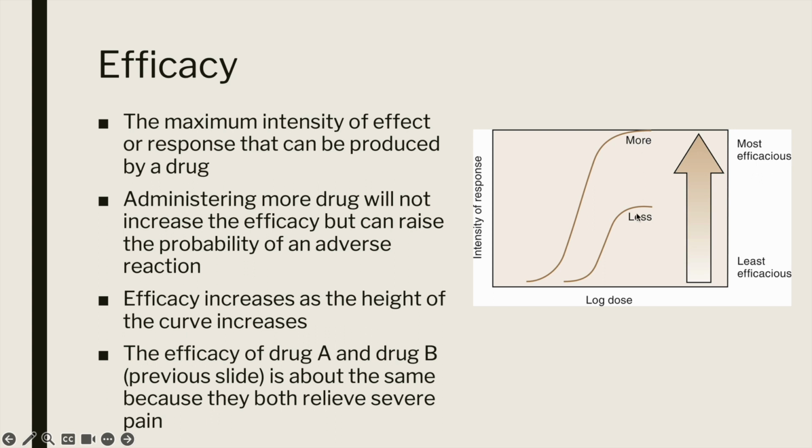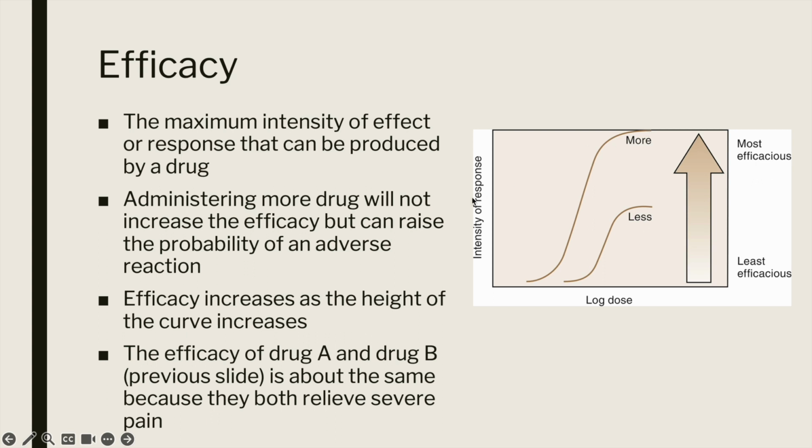Let's say you compare ibuprofen, which is going to relieve a headache, with morphine. Morphine is going to relieve way more than a headache. So it's a more efficacious drug, right?